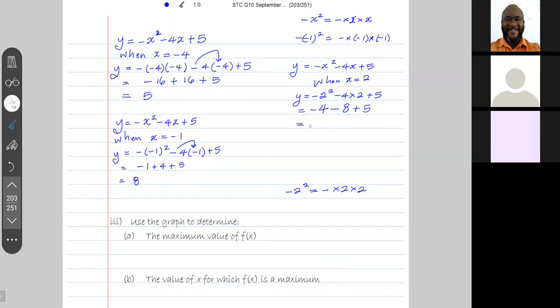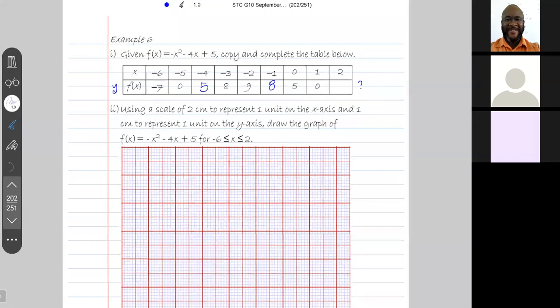Minus 4 minus 8 is minus 12 plus 5. This is negative 7. All right, so we have negative 7. We have 8 and negative 7. So the value here is negative 7, which makes more sense. So you have minus 7.